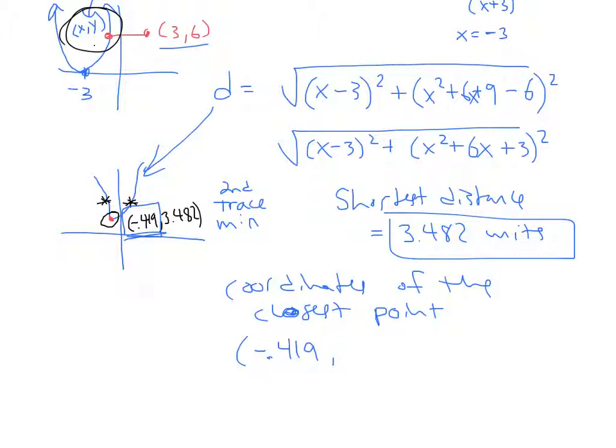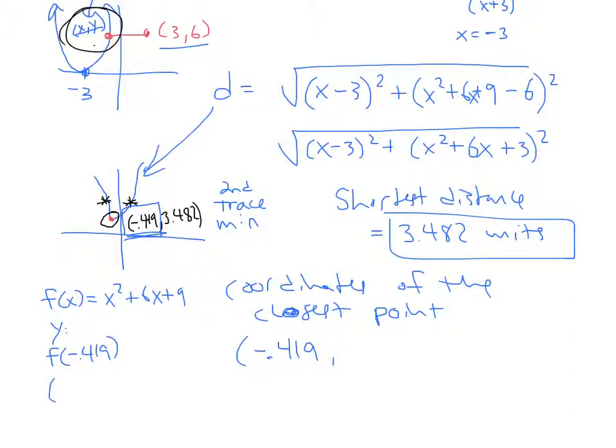But to find the y-coordinate of the closest point, when you know an x and you want to find the y that goes with it, you plug that x back into the original equation of the parabola. So the parabola was f of x equals x squared plus 6x plus 9. So the y-coordinate of that point is going to be f of negative 0.419.